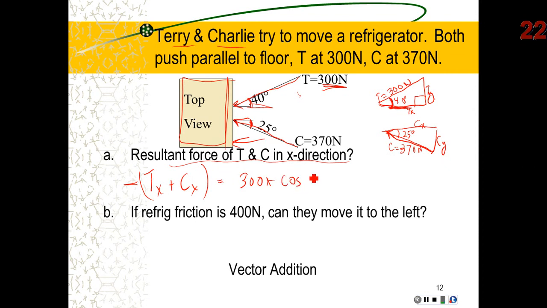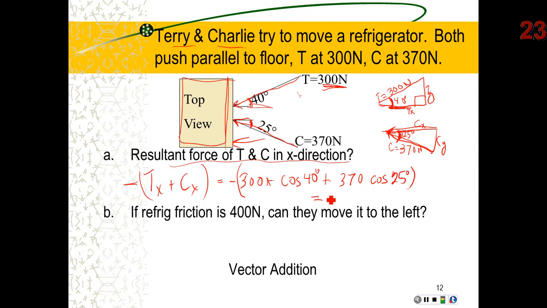So 300 cosine of 40 degrees is Terry's part of that. Again, that's a negative direction. We're going to add in, again, a negative direction for Charlie. Charlie's cx in that direction is 370, the hypotenuse, times, again, cx is adjacent, so it's going to be a cosine of 25 degrees.